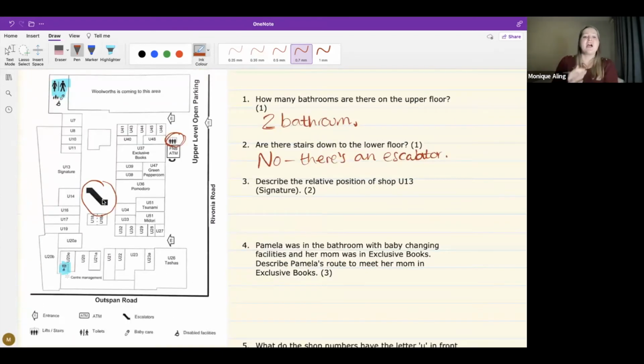How would you describe where signature is based on what is around it? What is next to it? What's in front of it? Does anyone want to try?